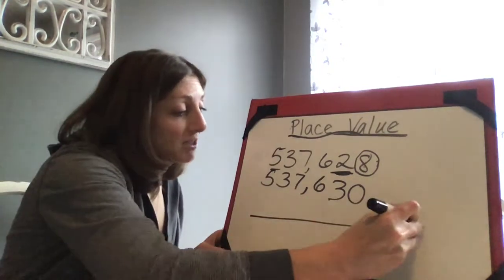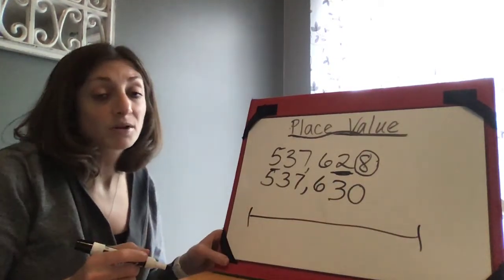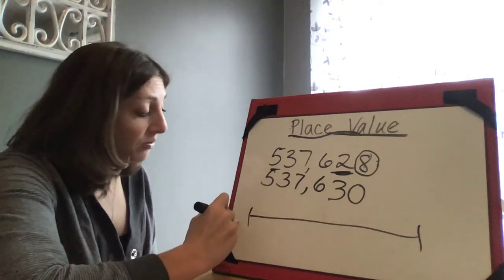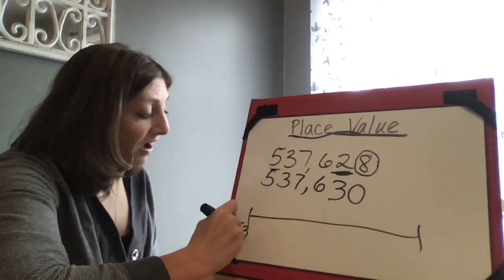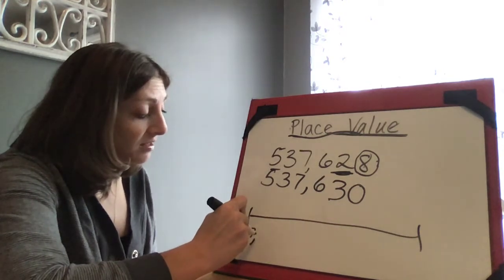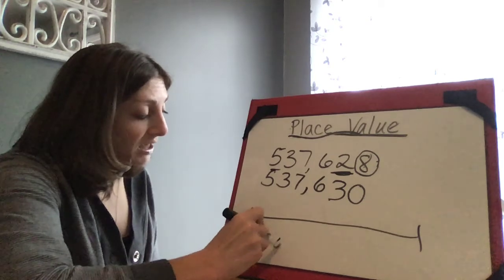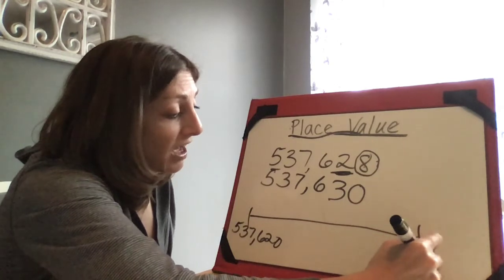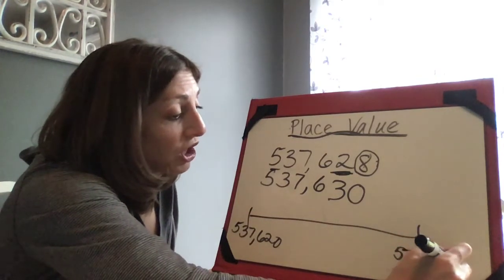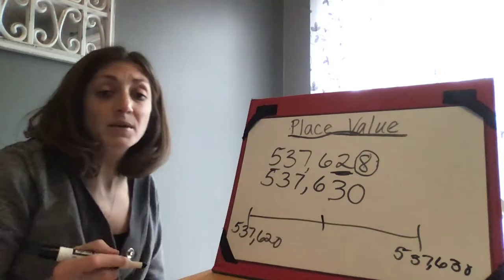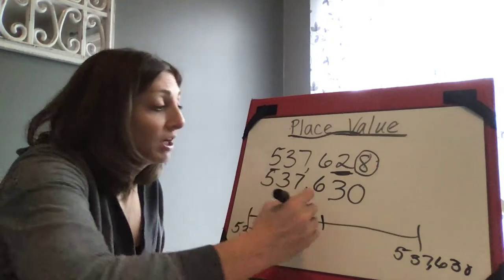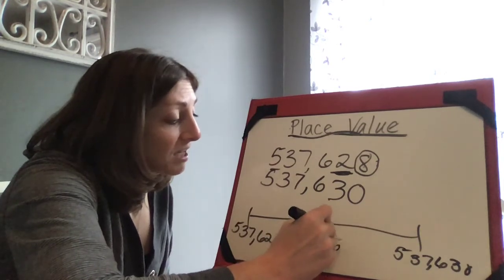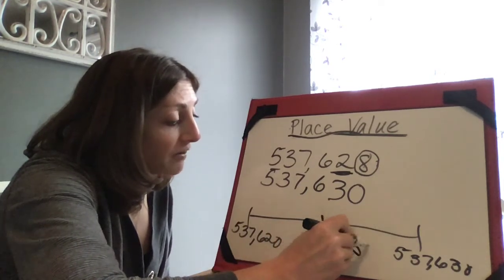Now, let's look at this for a second. If we do a number line with this. So if I wanted to do a number line based on the 10s, I would do, on my low end, 537,620. And I would do on this end, 537,630. And of course, what's going to be in the middle? Good. 537,625.